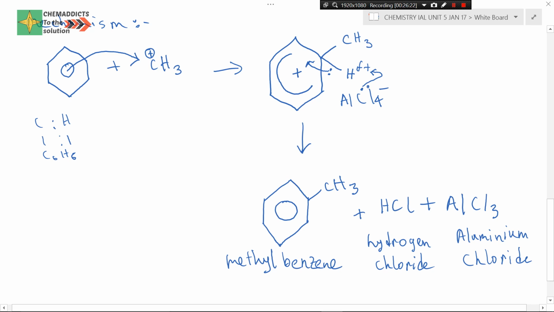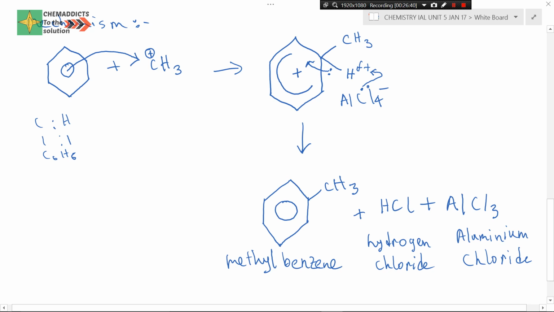If you have noticed, aluminium chloride is regenerated, so we can say that aluminium chloride is a catalyst, since it is regenerated at the end of the reaction.